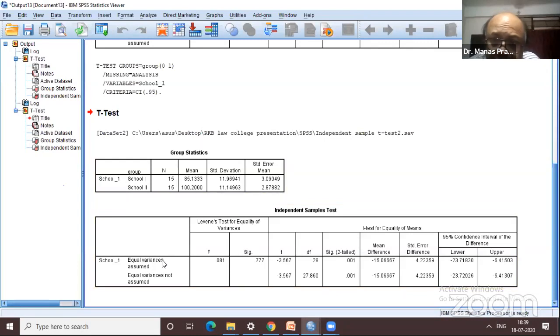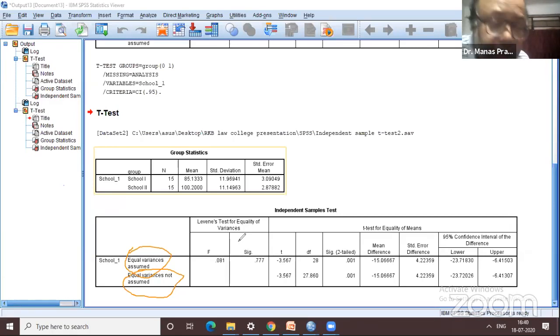One formula is developed when the variances of the data are equal, and one formula is developed where the variances are not equal. Now, for the independent sample t-test, we have to decide which formula we are going to use, the equal variance formula or the not equal variance formula. So for that, I have to first test whether my variances are equal or not.